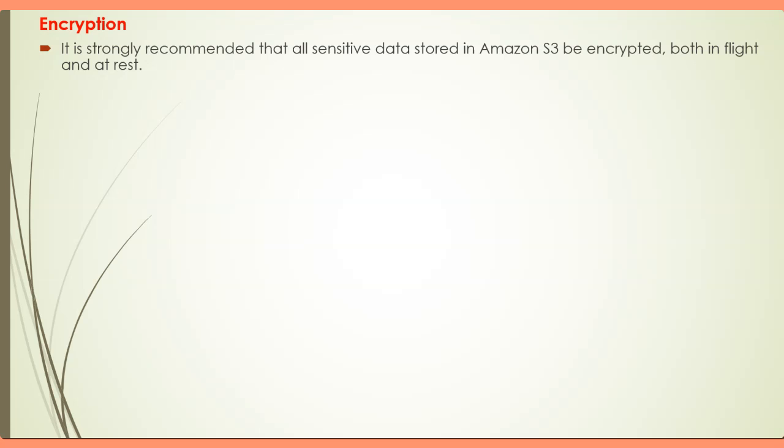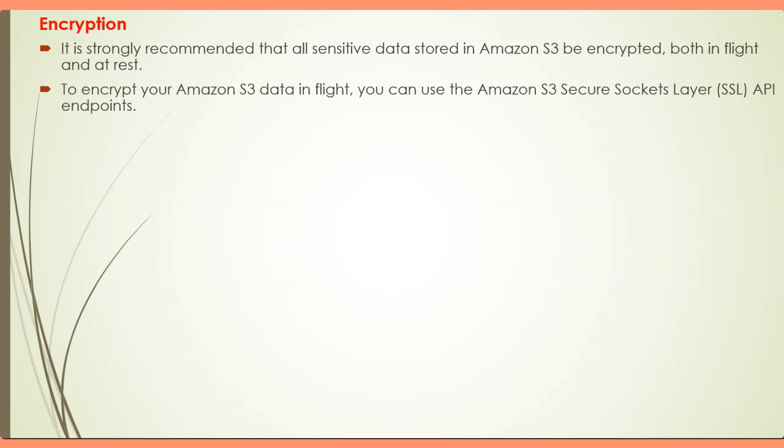It's the best practice. To encrypt your Amazon S3 data in flight, you can use the Amazon S3 Secure Socket Layer, SSL, API endpoints, so that when you are accessing the data, it must be over HTTPS. That's how you get data encryption in flight.